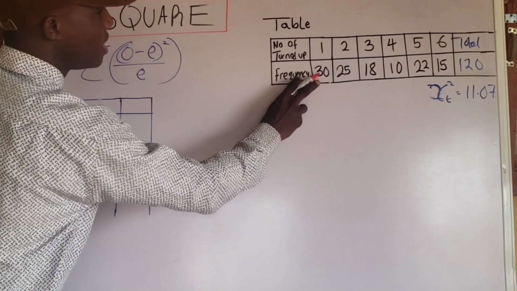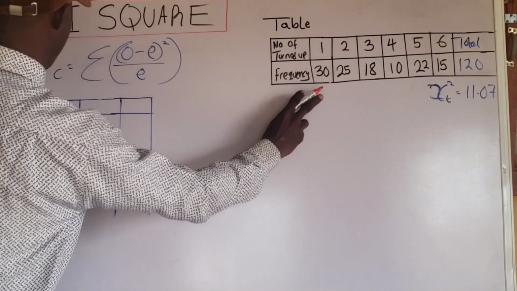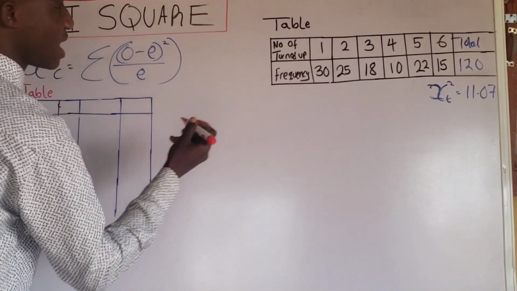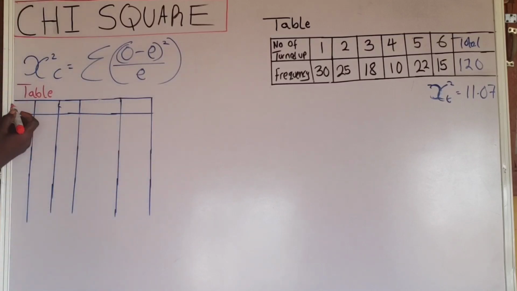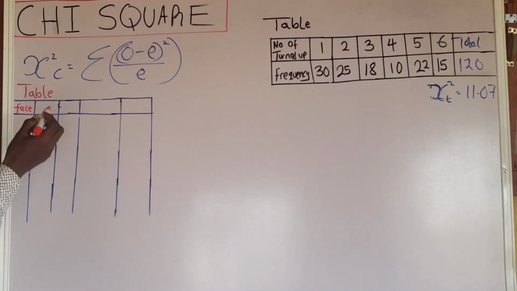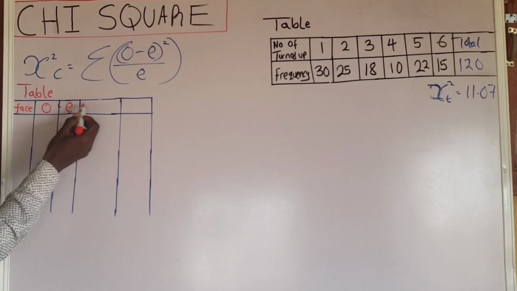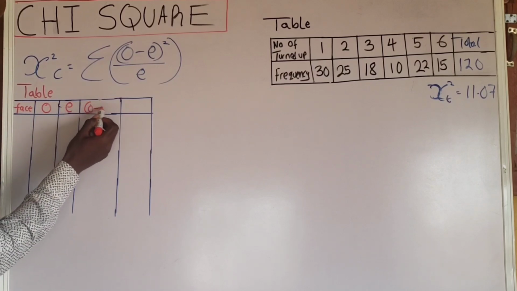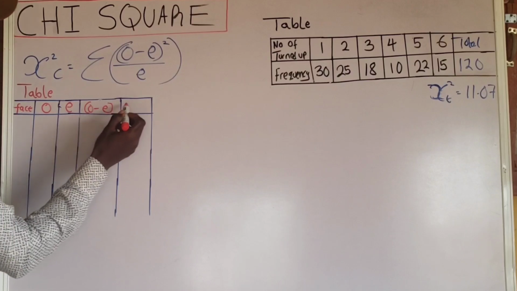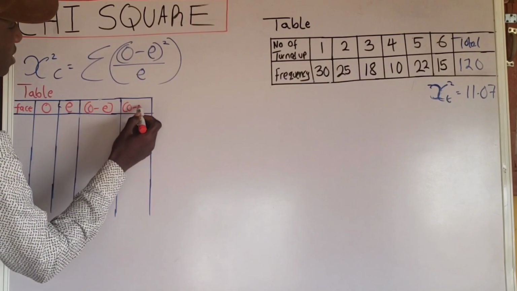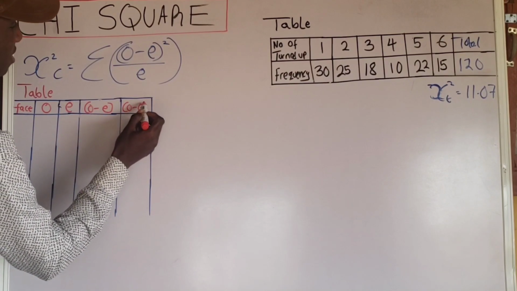Okay, I think I must have another table. Let me call it face. We have the observed value, we have the expected, we have observed minus expected, and we have observed minus expected squared.